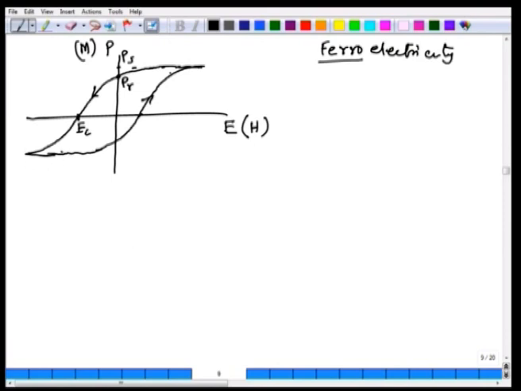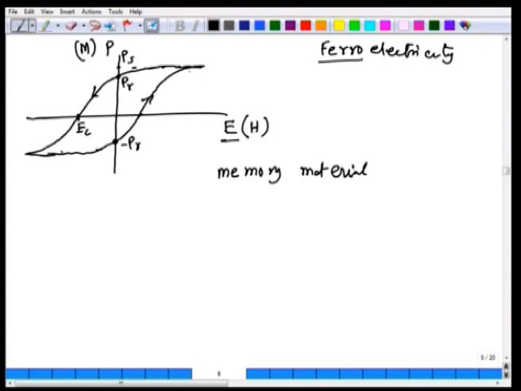So that means if you apply a field, you can reverse the direction of polarization, and when you remove the electric field there still is some minus PR or plus PR, which is polarization still available in this material, and hence this is a good memory material. You can apply electric field and create polarization, remove the electric field, and the state remains.